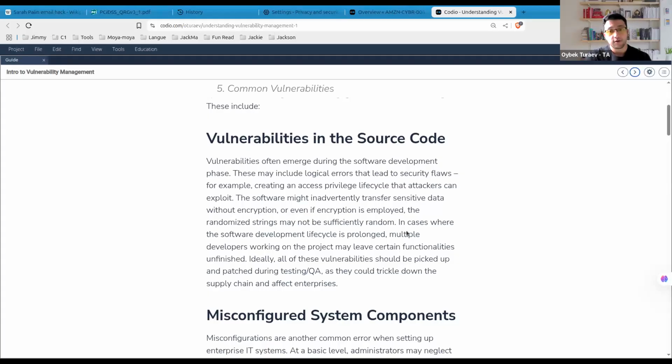Here it says software might inadvertently transfer sensitive data. Sometimes developers use backdoors to access the application, to fix problems and to implement patches and fixes. And then they leave this backdoor unattended, because it's easier for them to access while the application is in the production environment.